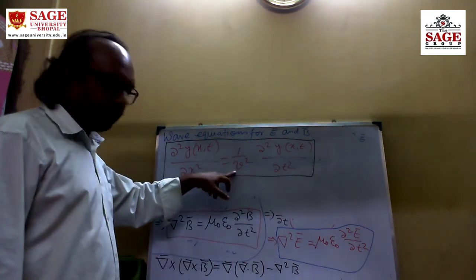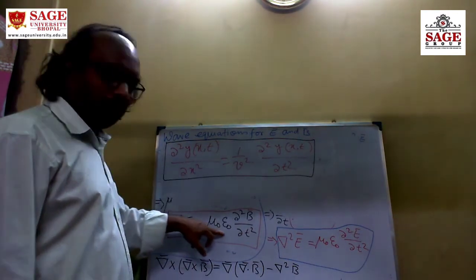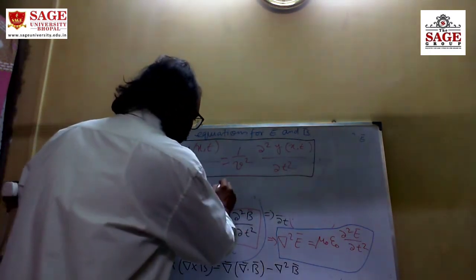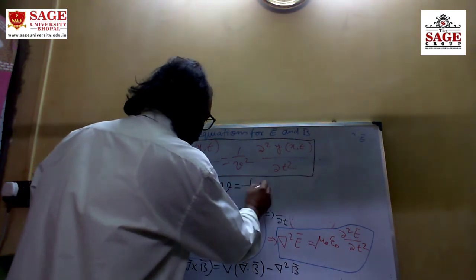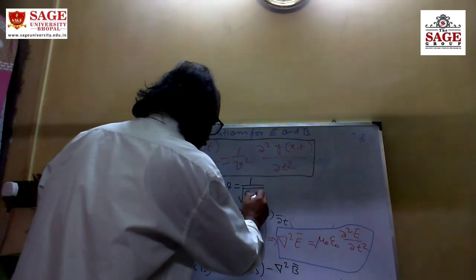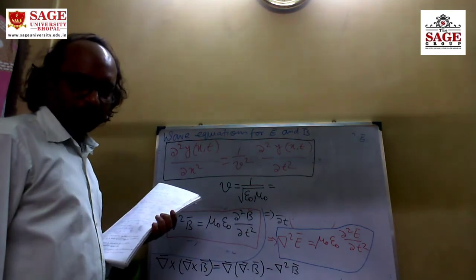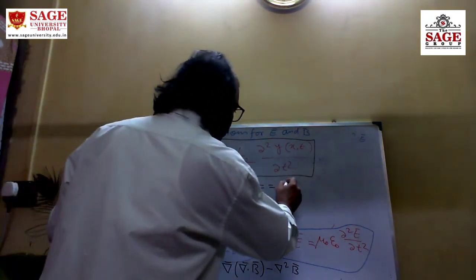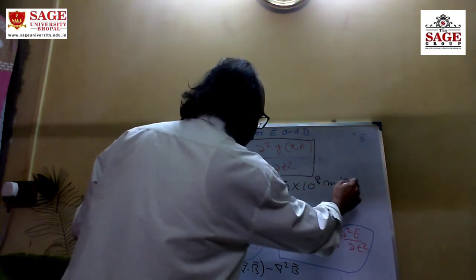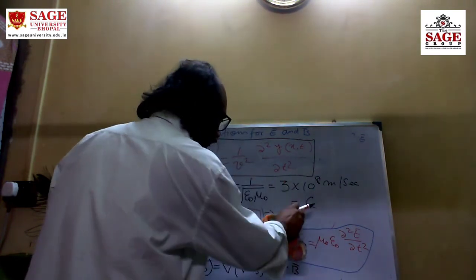Now here v is the velocity of the classical wave. What about epsilon naught mu naught? If I put v equal to 1 over square root of epsilon naught mu naught and insert the values of epsilon naught and mu naught, I will get 3 into 10 to the power 8 meter per second, which is basically the velocity of light.